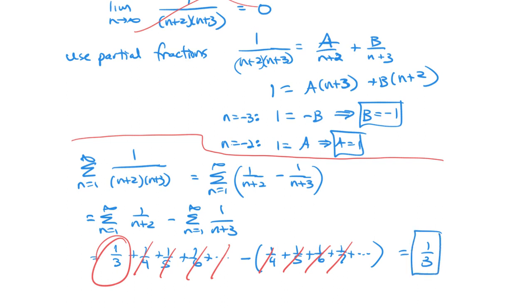And this series is called a telescoping series because these terms collapse like a telescope. You can see them coming. They have this kind of look, and you start using partial fractions. And when you do that, you've got a telescoping series.